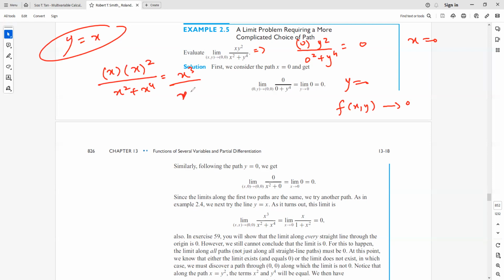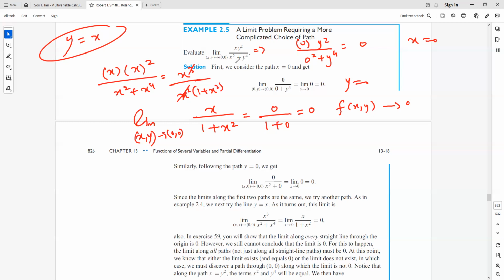We can take x squared common, so we get x over 1 plus x squared, and this cancels out. Now if we put the limit as (x, y) goes to (0, 0), we put 0 over 1 plus 0, so it's again 0, right?